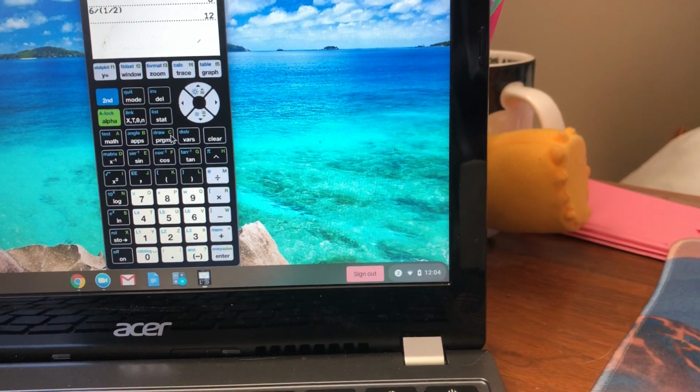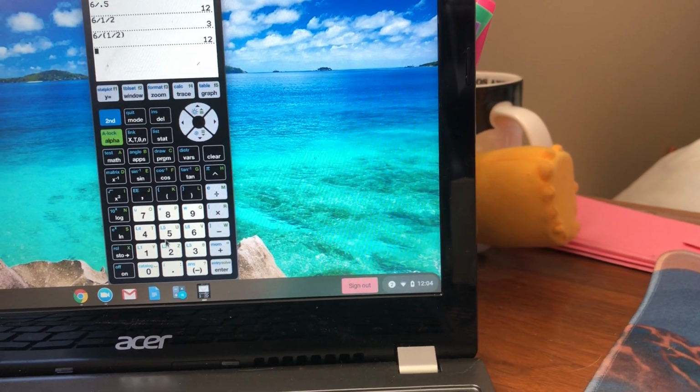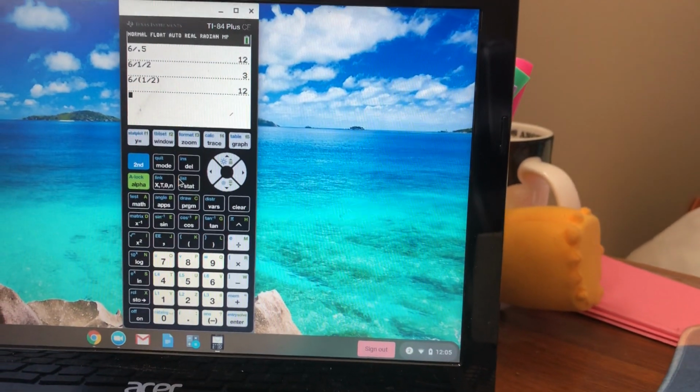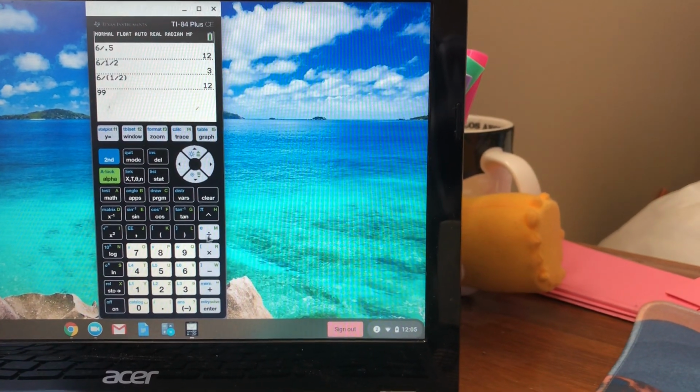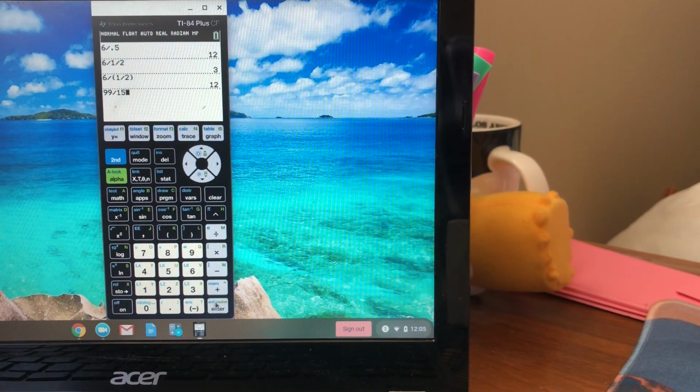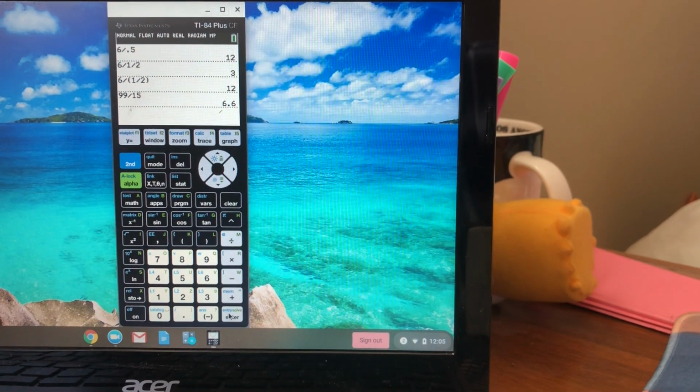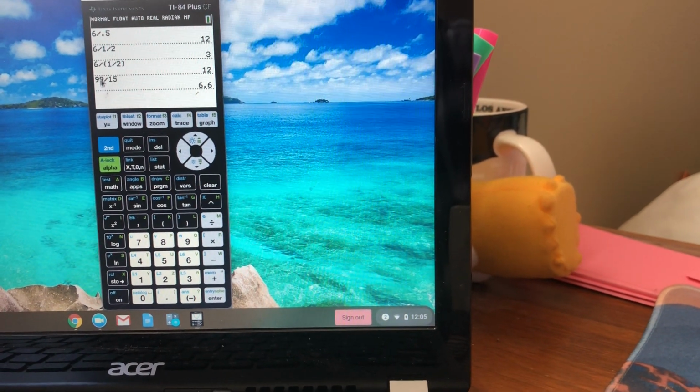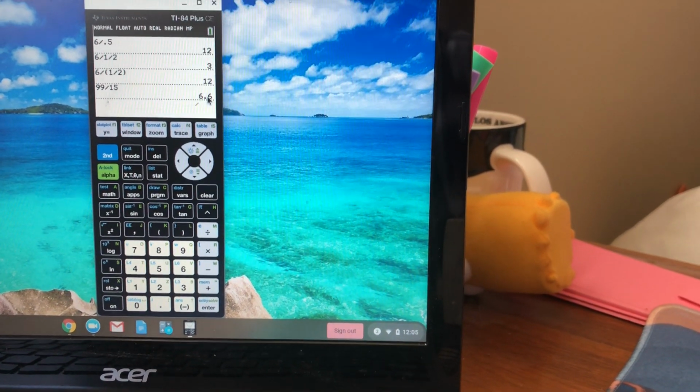Some calculators actually have a fraction button, and that's awesome. Ours has a way to turn things into fractions. So like, let's say we have 99 divided by 15. Oh, I got 6.6. There's a way to turn this answer into a fraction. So check this out.